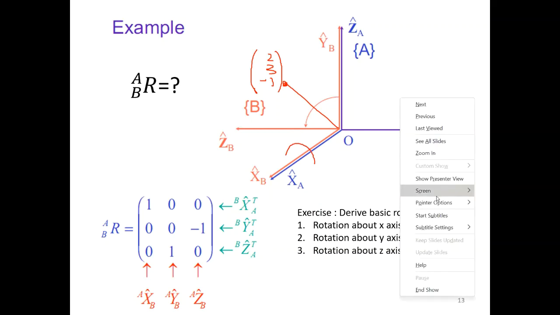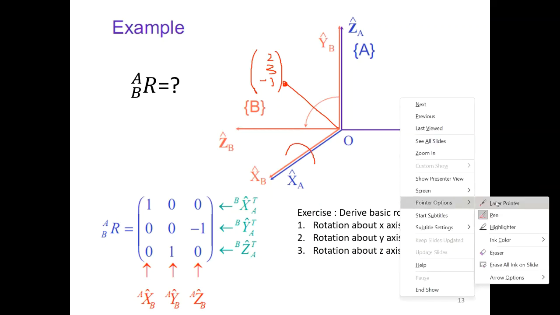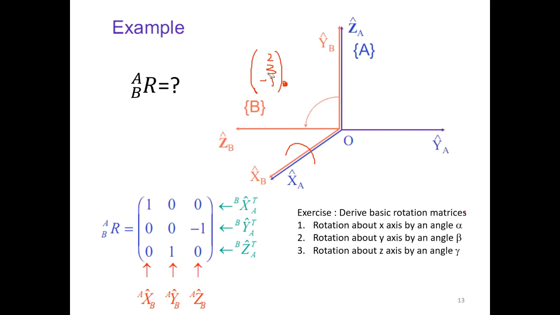This rotation is 90 degrees around the x-axis of frame A. Okay, so after this rotation, 90 degrees around x hat A, you have this new position of the red frame.